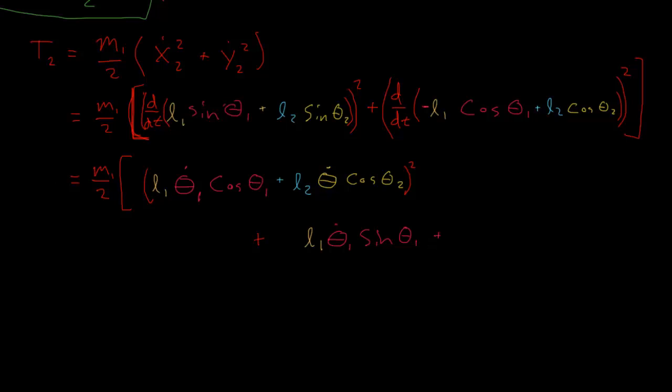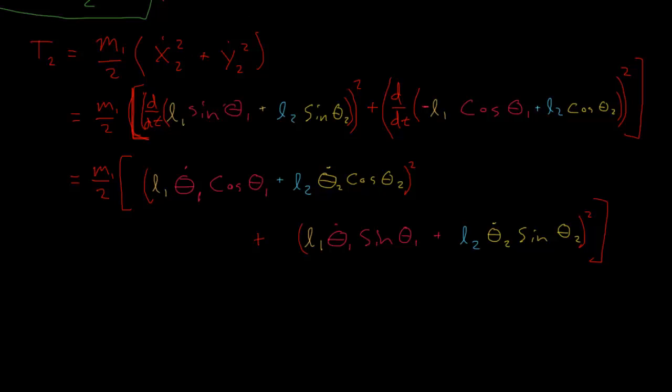And then we'll also get this term here, a theta 2 dot from the chain rule, and then taking the derivative of the main function, we get sine theta 2. And we're squaring all this. All right.